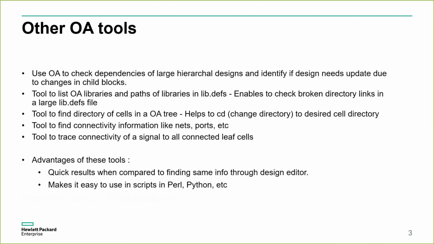Okay, so the other tools we have, building on the hierarchy traversal tool, we developed a dependency checker tool. And this dependency checking tool tells us whether a top-level cell analysis is up to date with respect to its child cell design hierarchy. We do this by capturing an identity stamp of the cell's analysis or result files, and all of the dependent child cell files at the time of analysis.